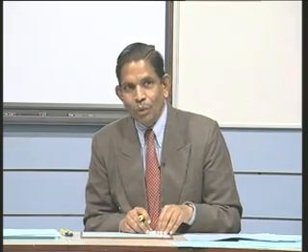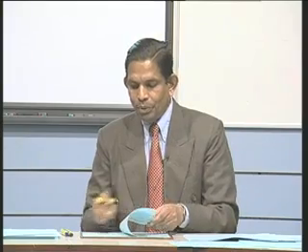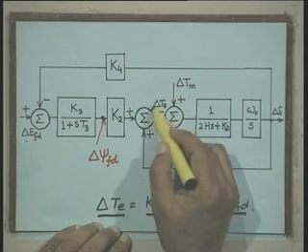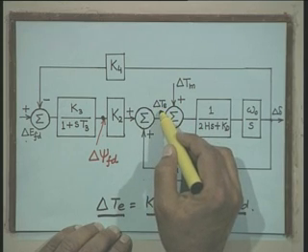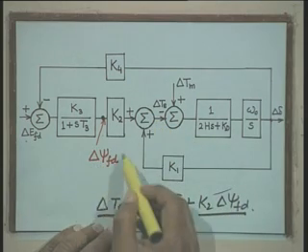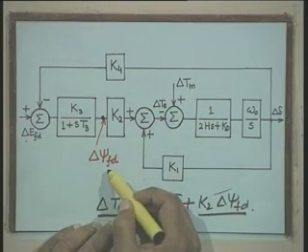Now, we will try to understand the effect of including the synchronous machine field dynamics on damping and synchronizing torque coefficients. To examine this aspect, let us write down the delta T, that is the change in air gap torque produced due to the change in field flux linkages only, right.